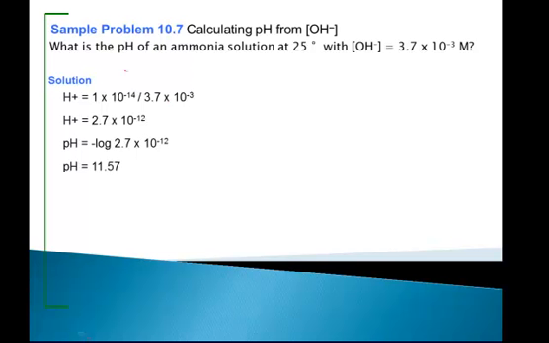So when I divide those, I get an H plus of 2.7 times 10 to the minus 12th. And then to find my pH, I do negative log of my H3O plus. And since this has 2 significant figures, I'm going to get 2 decimal places. And this value of 11.57 indicates that it's a base.